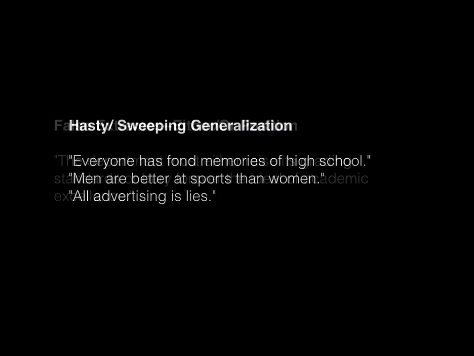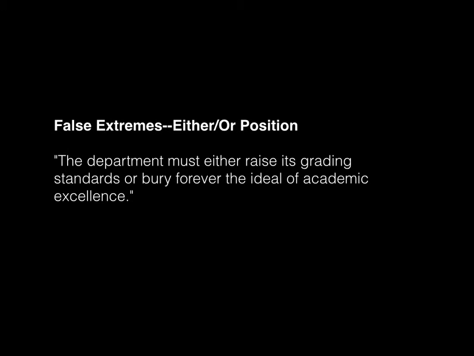Next is false extremes, where we get into forcing what's called the dichotomy, the either-or position. If the case reduces a complex issue down to two possibilities, then you could probably induce this fallacy. Very rarely is anything black or white. It becomes misleading because it ignores the existence of other less extreme possibilities.